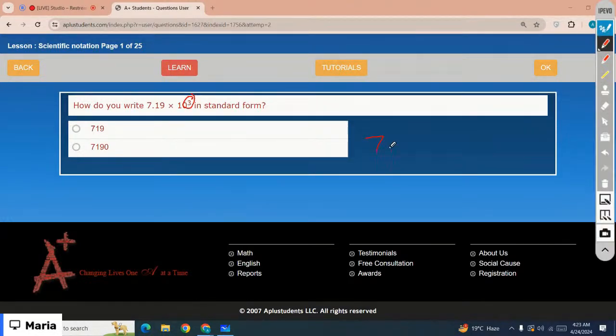That means you need to move the decimal point 3 places right. You have two places, 1, 2, right? Add a third one and move the decimal point 3 places, 1, 2, and 3. It would be 7190.0, or you can write 7190, right? Option number 2 is the correct option, that is 7190. Got it?